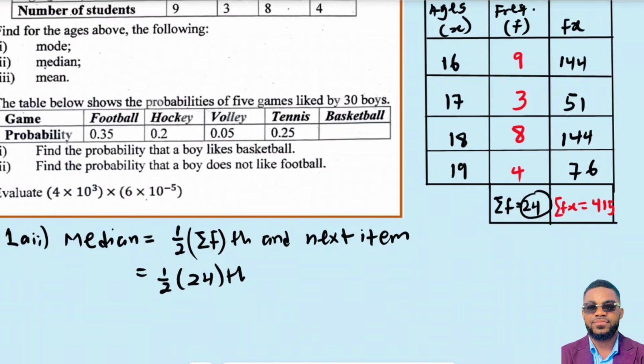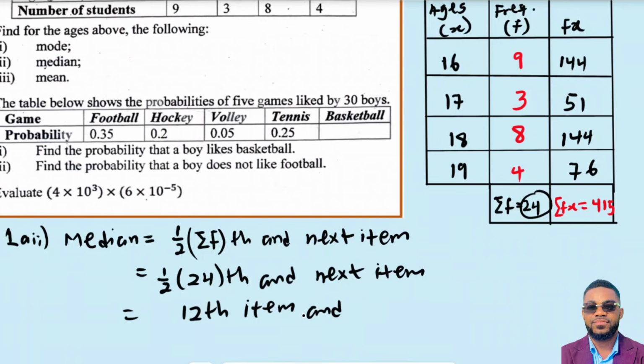The th here is just trying to give us the position. So th and the next item. So half of 24 is going to be 12. Just attach the th. That is the 12th item, and the next item. And now the next item is going to be what? 13th item.